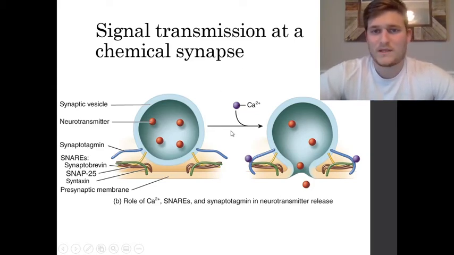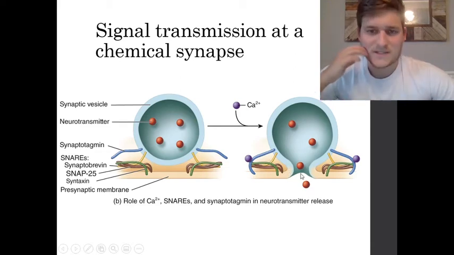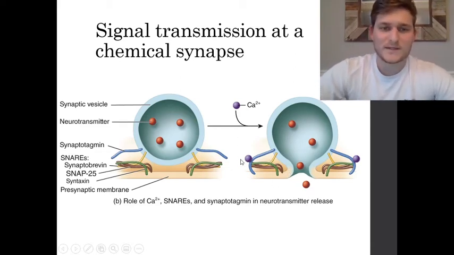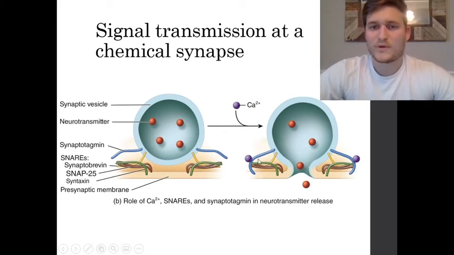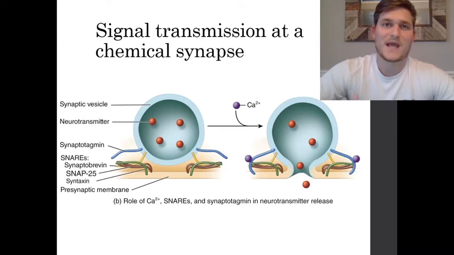And with the help of calcium as a second messenger, it's going to help activate synaptotagmin, so where this vesicle can then come in close proximity with the membrane, and then these snare proteins can then fuse together, allowing for this vesicle membrane to join with the cell membrane. And then when that happens, this gap opens, which then releases those neurotransmitters into that synaptic cleft.